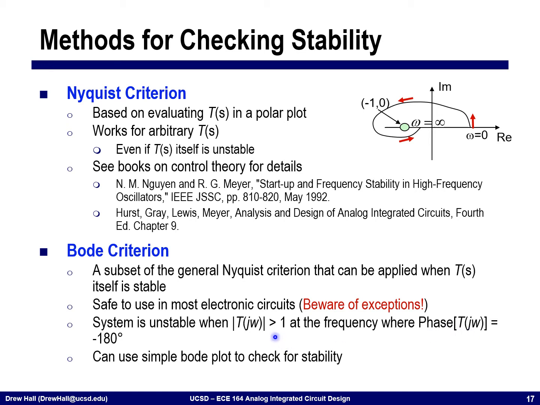Okay, and so that's the gain margin. So we have two metrics that we're looking at. That is where the gain is unity, we need to look at the phase, and then vice versa, where the phase is minus 180, where is the gain? Importantly, we can use a Bode plot in order to assess the stability of these circuits, which is something that we're quite familiar with looking at.